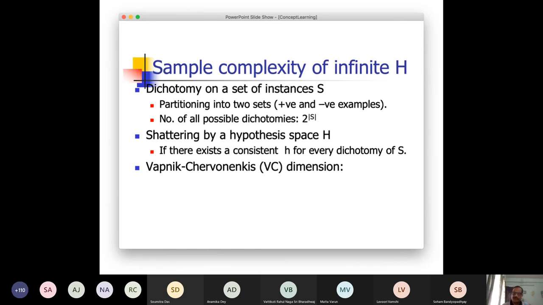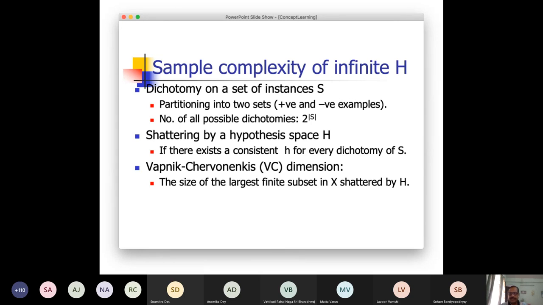It says what is the maximum size of a set of instances of S which can be shattered by the hypothesis space H. So the size of the largest finite subset in X shattered by H.